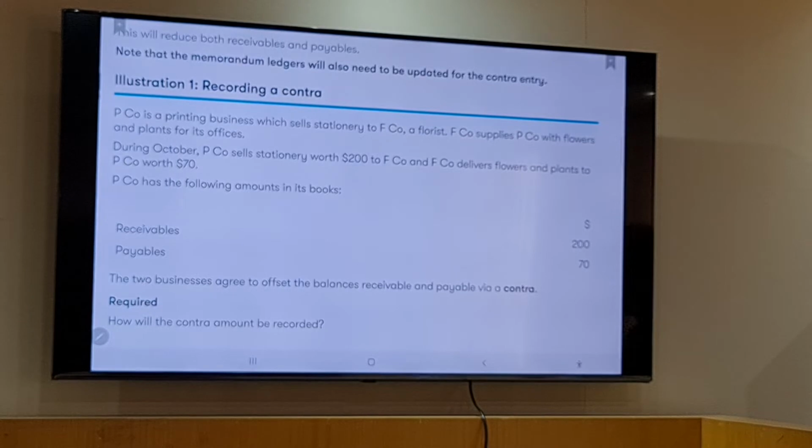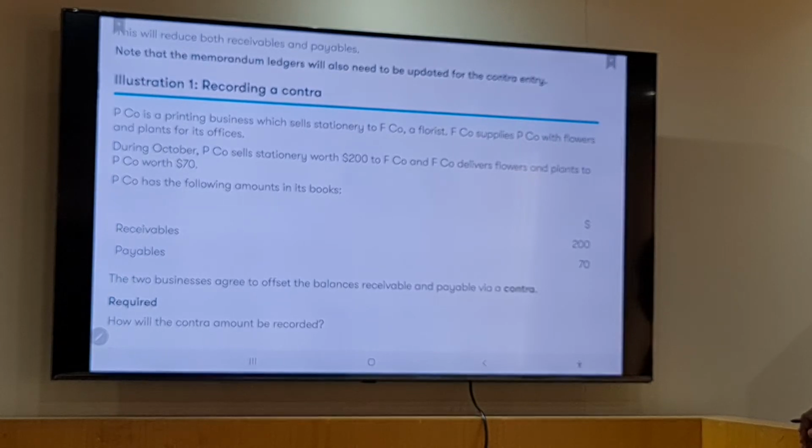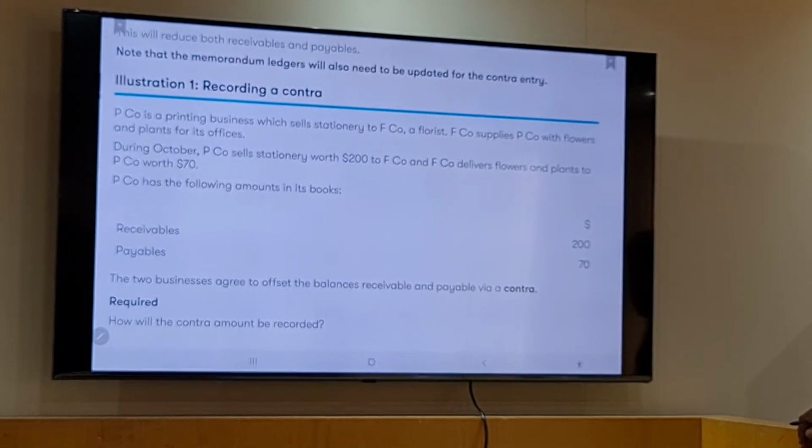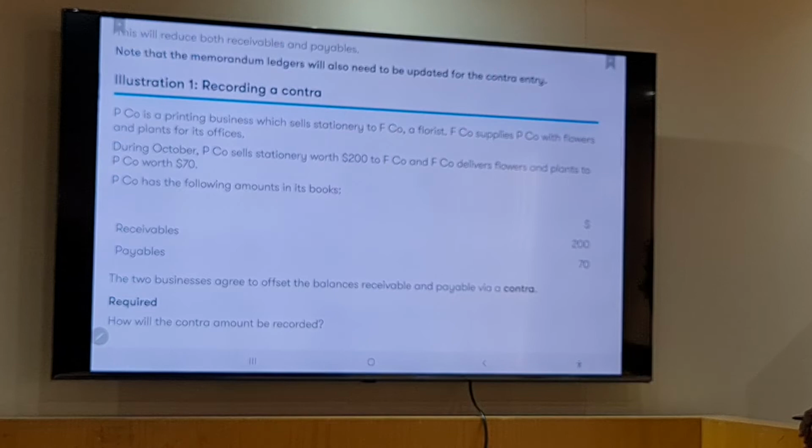Just go through this. P company is a printing company which sells stationery to F company, a florist. The florist is selling flowers, pot flowers and so on. F company supplies P company with flowers and plants, which we need to keep in our office.